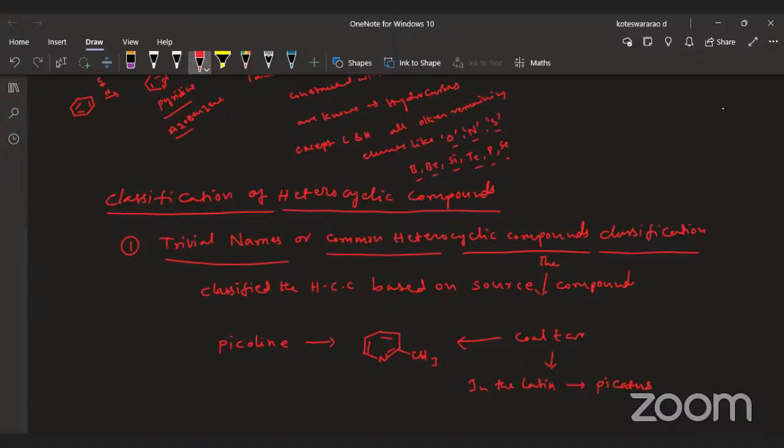Based on this source, picatus means tar. In Latin, tar means coal tar. Right. Now this picoline source is coal tar. Based on the source, it is named as picoline.